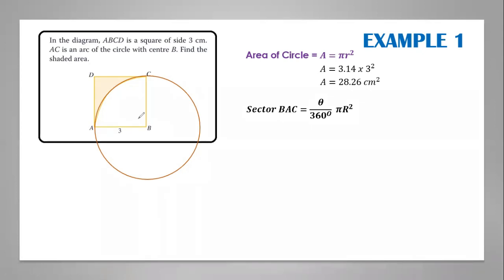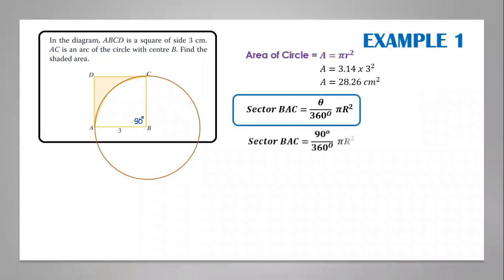Because the central angle is 90 degrees here. So sector BAC means 90 degrees over 360 degrees times pi r square.